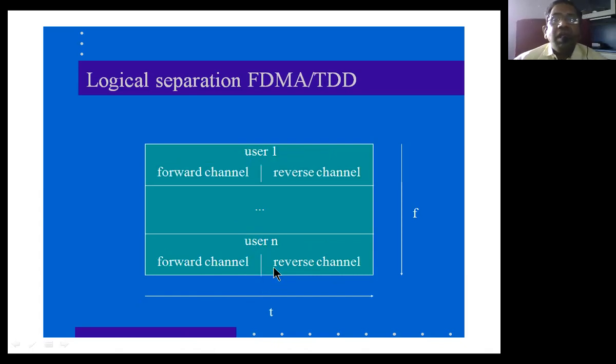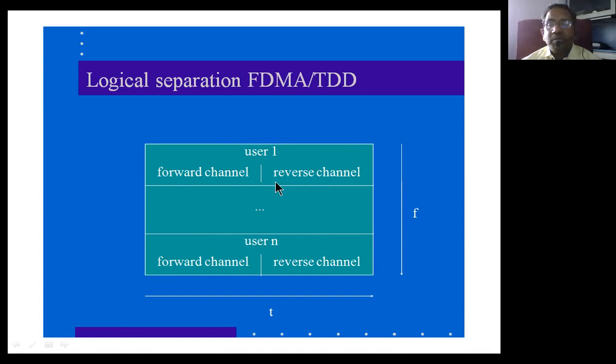Another variety we can have is the FDMA, TDD technique. Here, see, F is the frequency. The frequency is divided into n number of users, user 1, 2, 3, 4, and so on up to user n. N number of frequency bands are allotted to the n number of users. But TDD is there. Time division duplexing is implemented inside the mobile unit to support the transmission signal and received signal simultaneously.